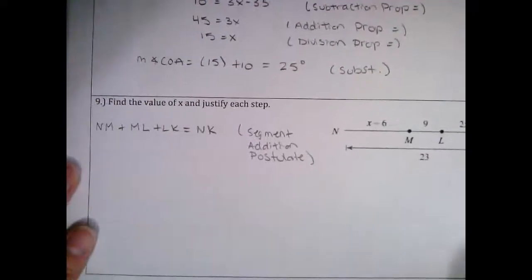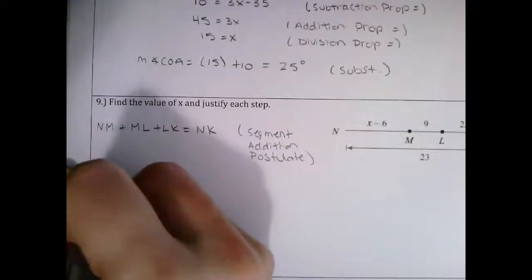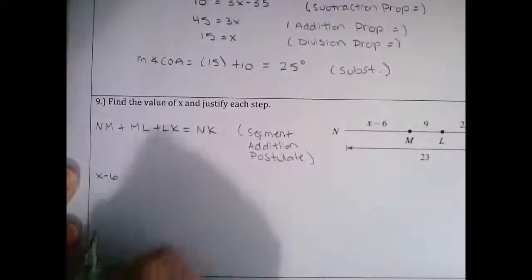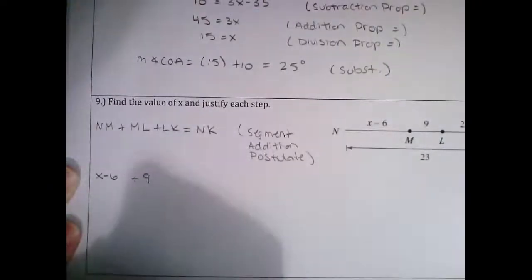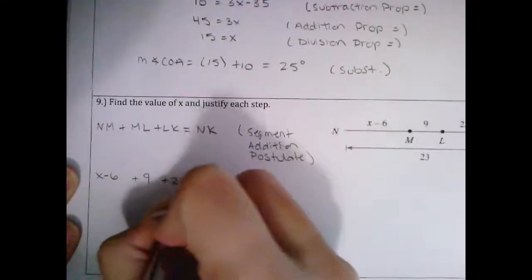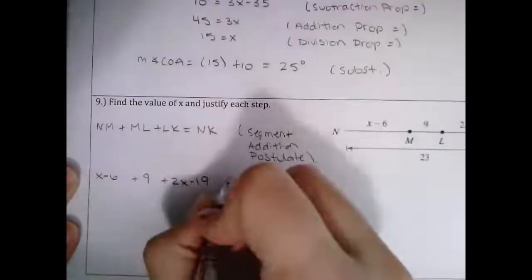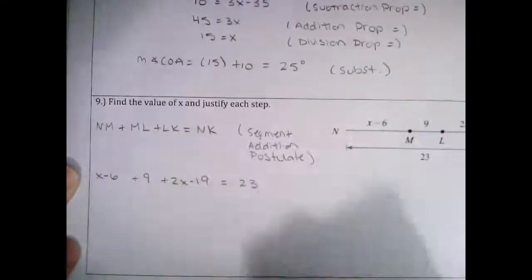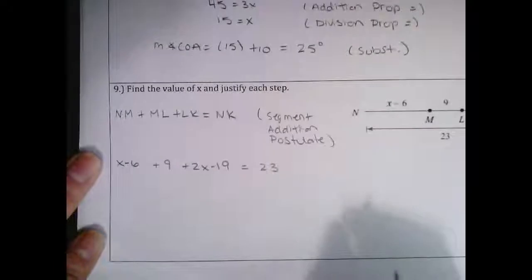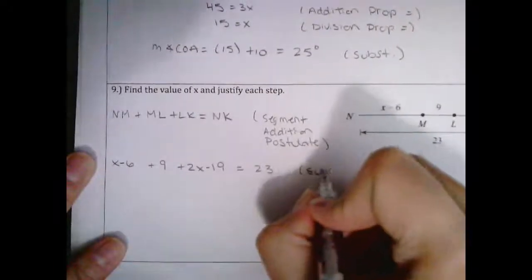Okay, next we will substitute in the values. We have x minus 6 for NM, we have 9 for ML, we have 2x minus 19 for LK, and we have 23 for the whole thing NK. That's substitution.